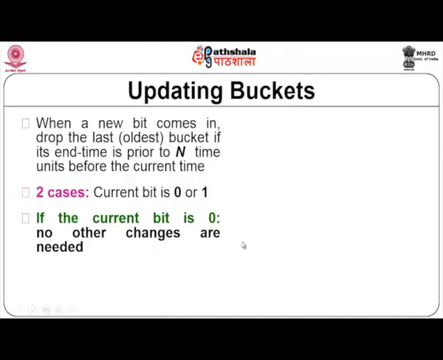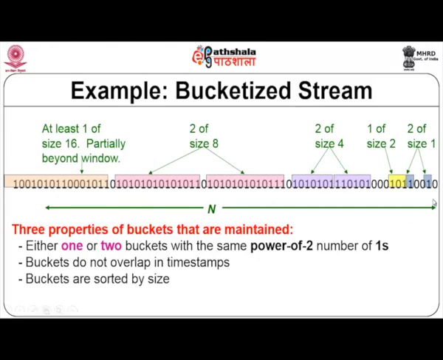Now, suppose you want to update these buckets, that is, when a new element comes in. Assume this is the most recent element and the time here is n. When the new element comes, it is indicated as n plus 1.